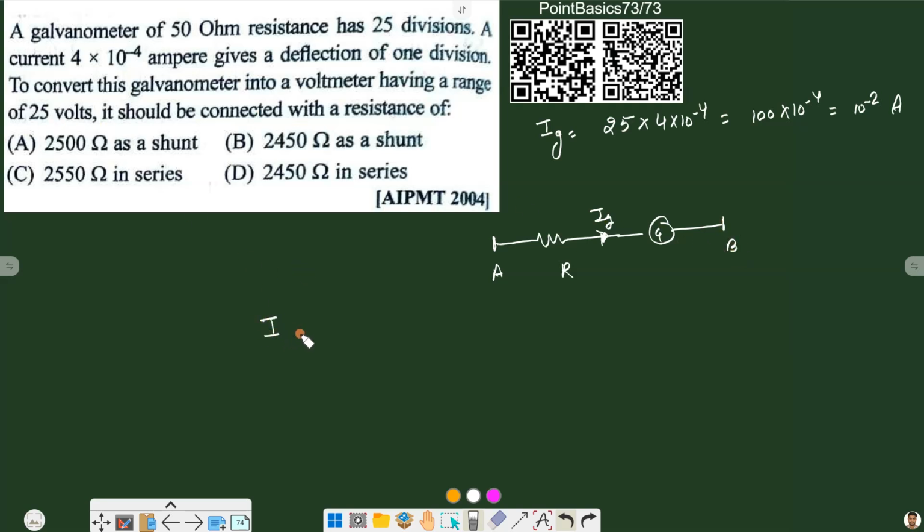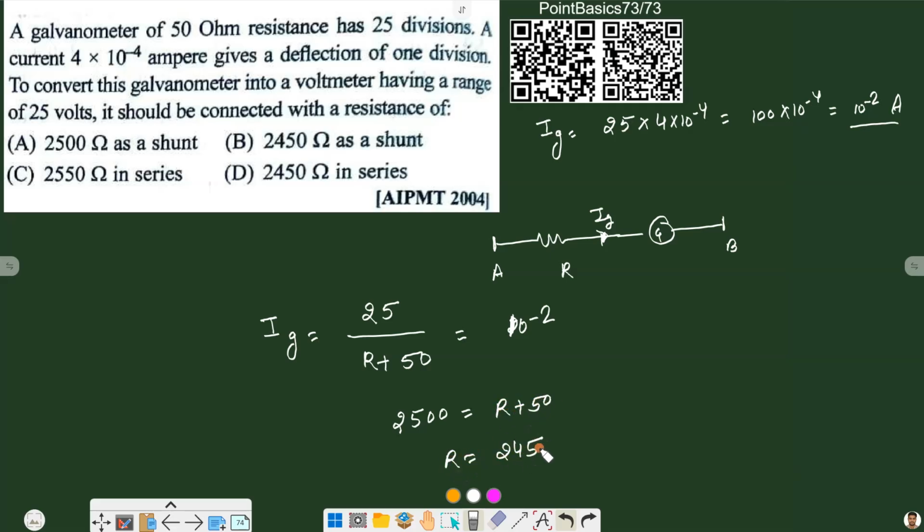So Ig = 25 / (R + 50), and it is equal to 10^-2 ampere. So R + 50 = 2500, and from this R is equal to 2450 ohms. Option D is the right answer here.